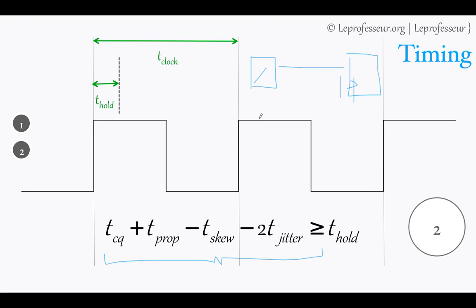Now you may have hold violations. So what are you going to do with the hold violations? Essentially, the delay in this path, TCQ plus TP, should be greater than the hold window of the flop.